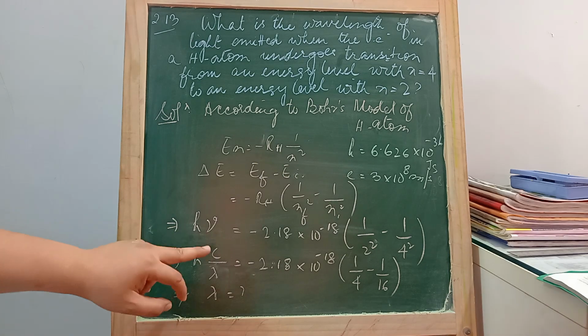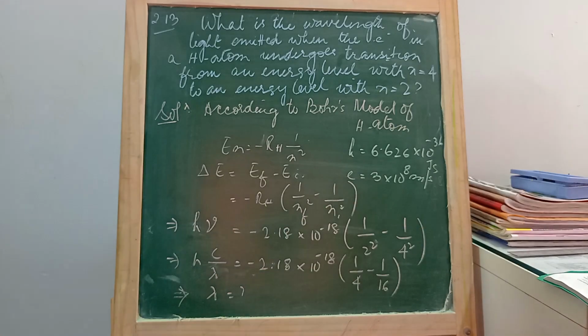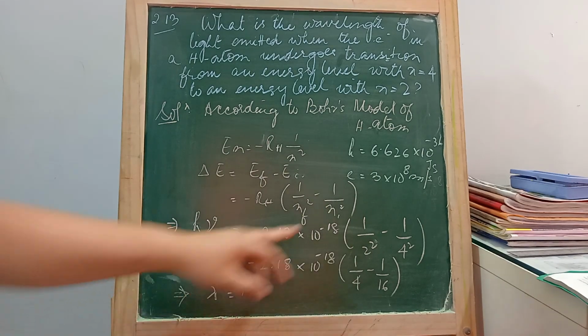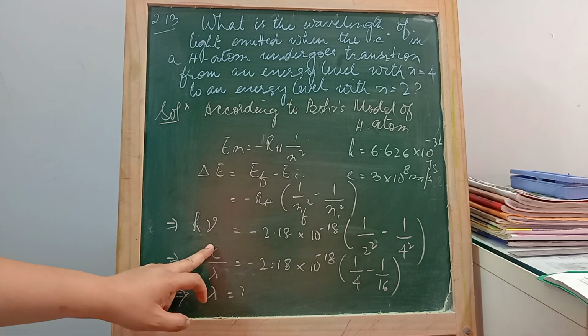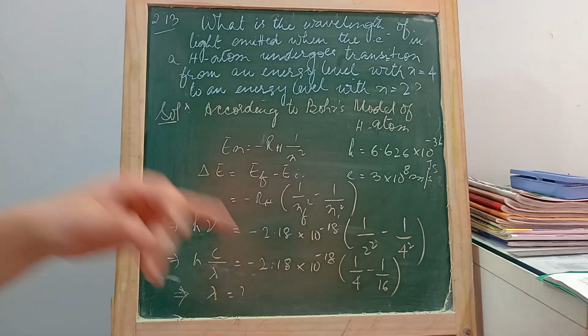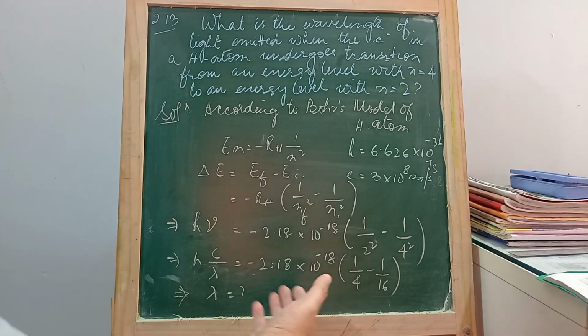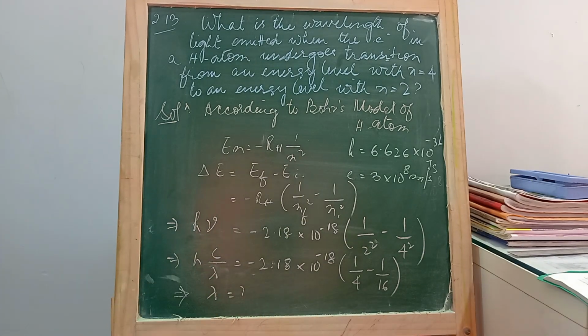According to the relationship of an electromagnetic wave, frequency is equal to c by wavelength, where c is the velocity of light in vacuum, which is 3 into 10 to the power 8 meter per second, divided by the wavelength. On one side you have Planck's constant, the velocity of the electromagnetic radiation, and the wavelength. On the other side you have all the numbers, all constants, so you can easily calculate the wavelength.